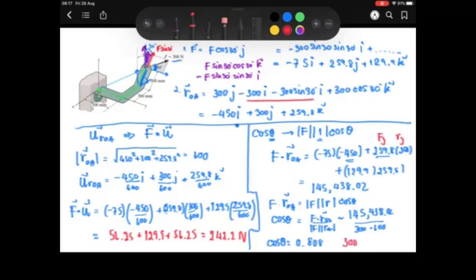So if you want to know the components on any line of force, you can use the dot products. See you next video.